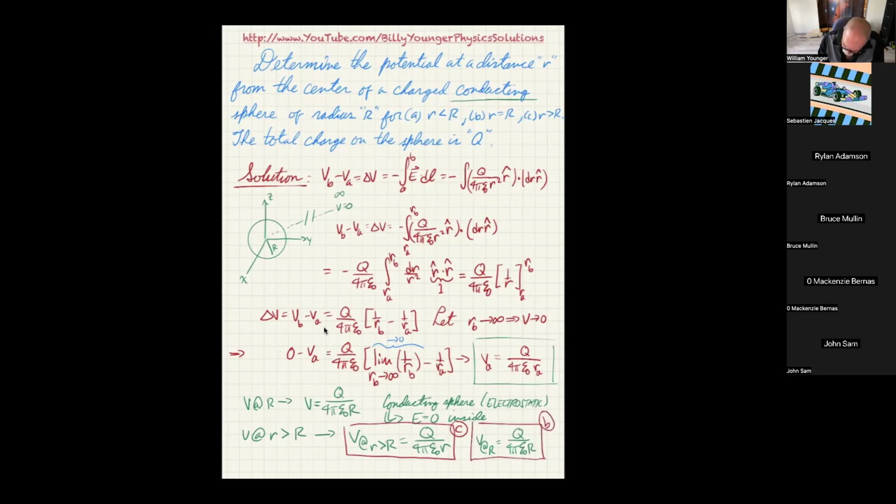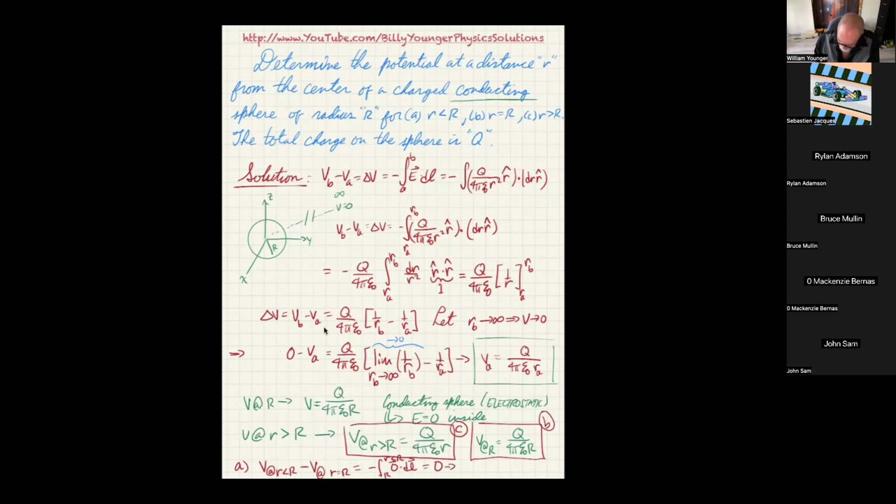And then finally, my answer for A. Let's say V at r less than R minus V at r equal to R is equal to the negative integral from R to r less than R of 0 dot dl, because the electric field is 0 inside, and that's going to give me 0.